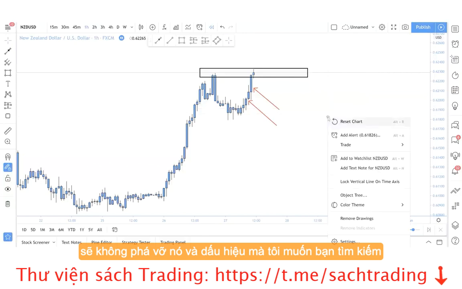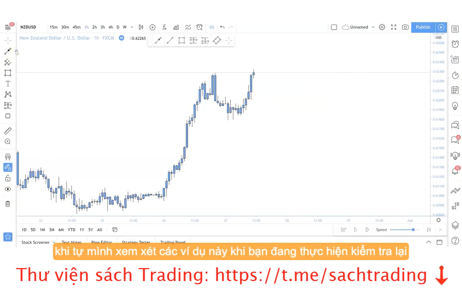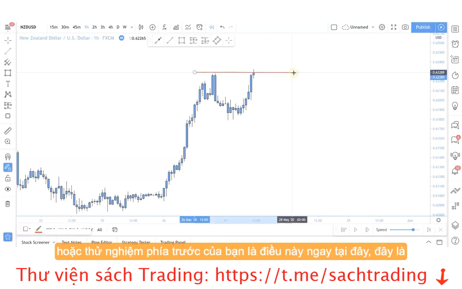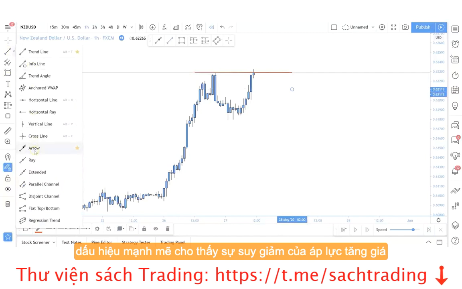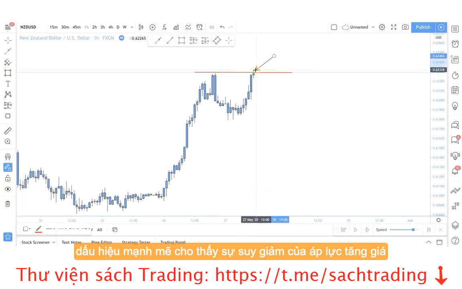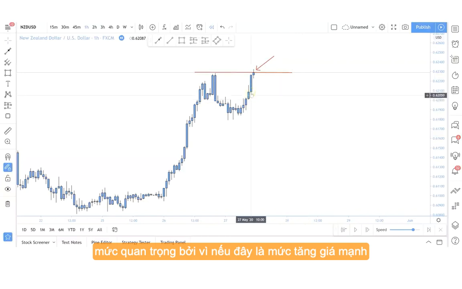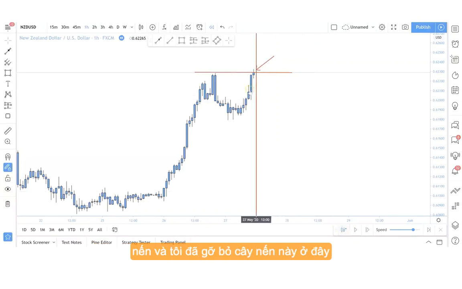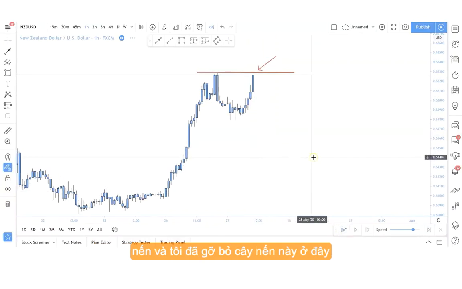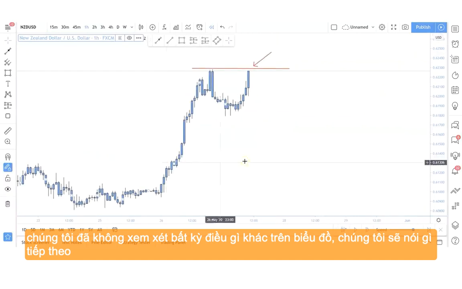And the sign that I want you to look for when looking at these examples on your own, when you're doing your back testing or your forward testing, is this right here. This is a very strong indication that the depletion of bullish pressure is very, very likely to happen in this key level or in and around this key level. Because if this is a strong bullish candle and I was to remove this candle here, we didn't look at anything else on the chart.